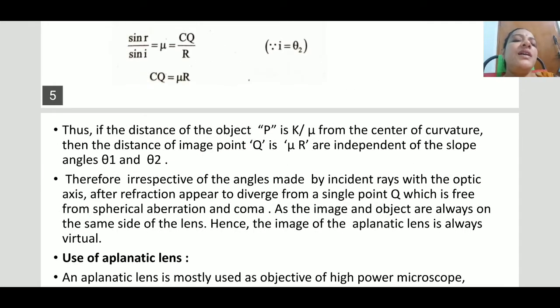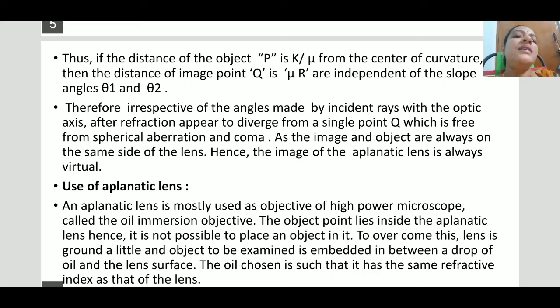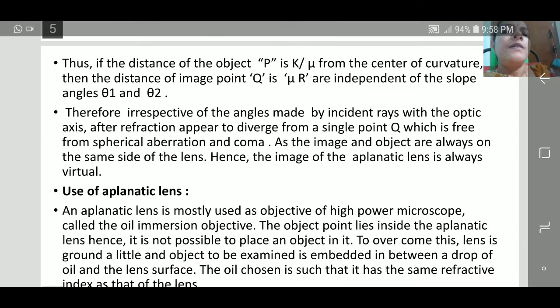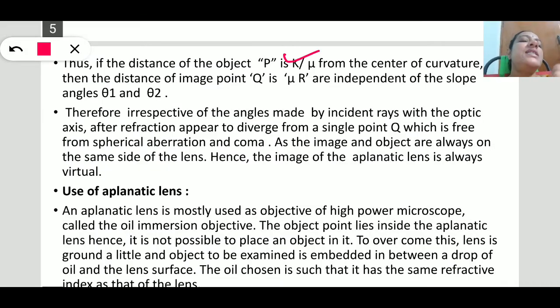Thus, if you observe this slide, if the distance of the object is R by mu from the center of curvature, then the distance of the image point Q is mu R, independent of the slope angles.